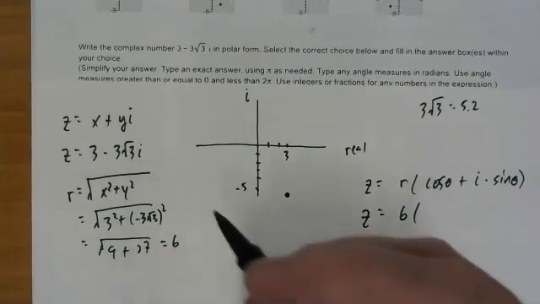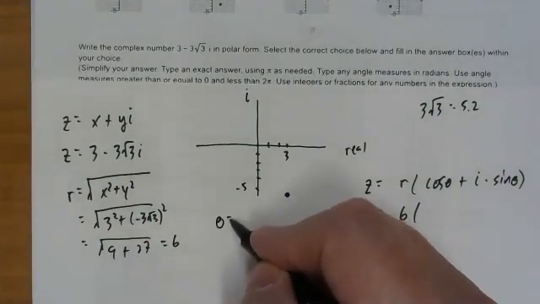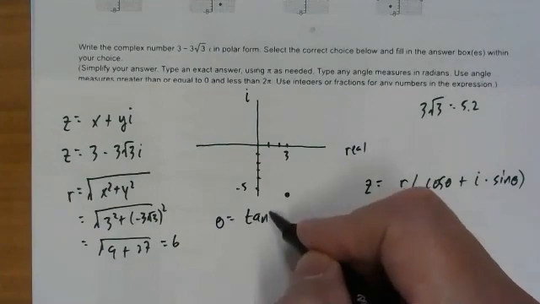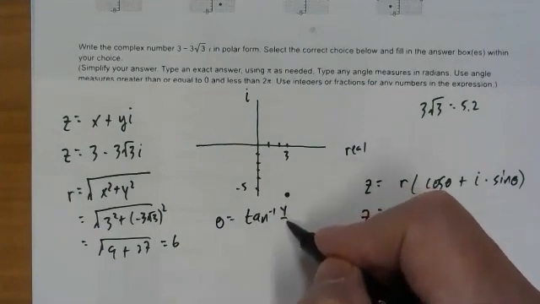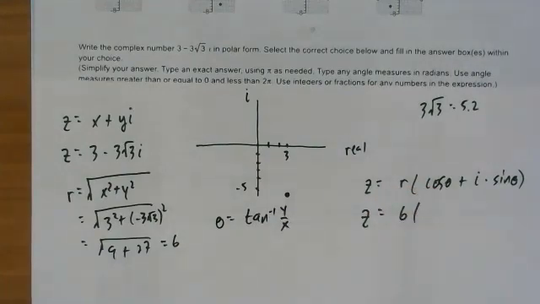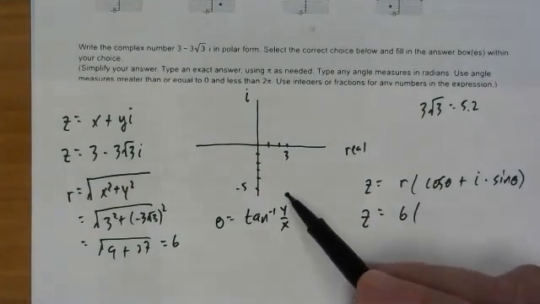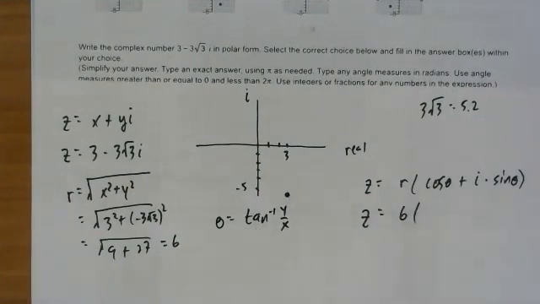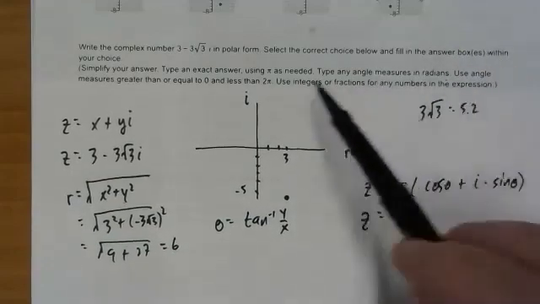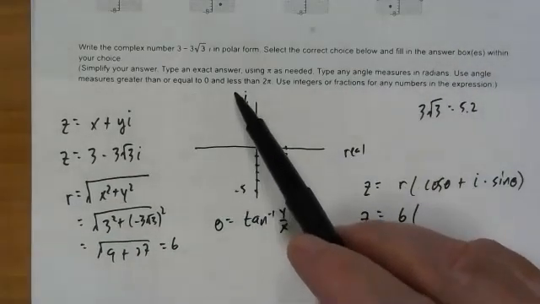Just like we always do, theta is the inverse tangent. And once again, it helps that I plotted this, because they tell me to use angle measures greater than or equal to 0 and less than 2 pi.